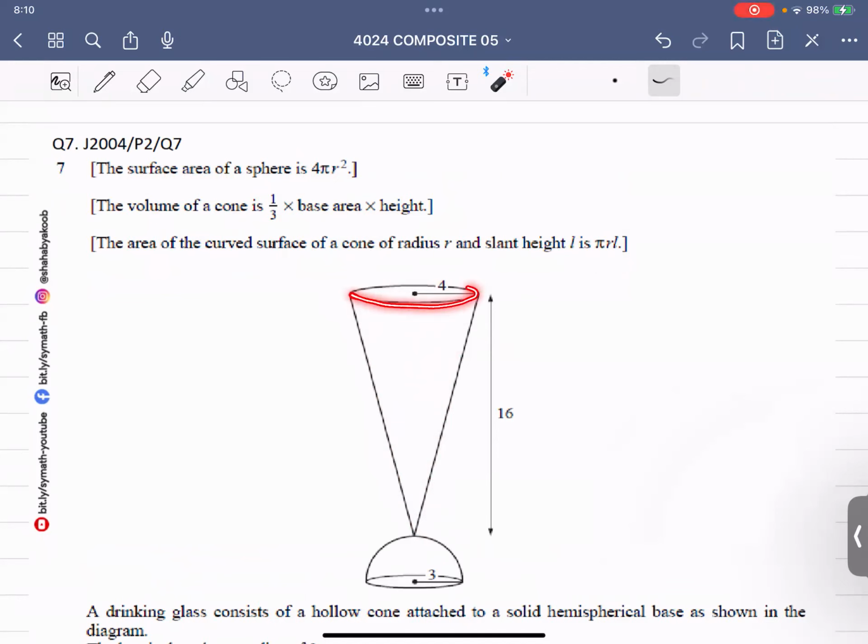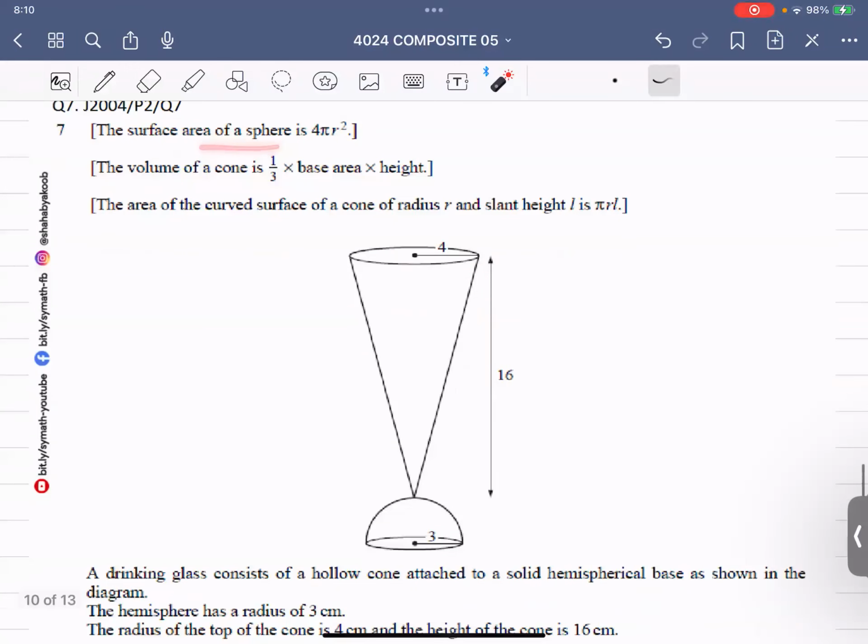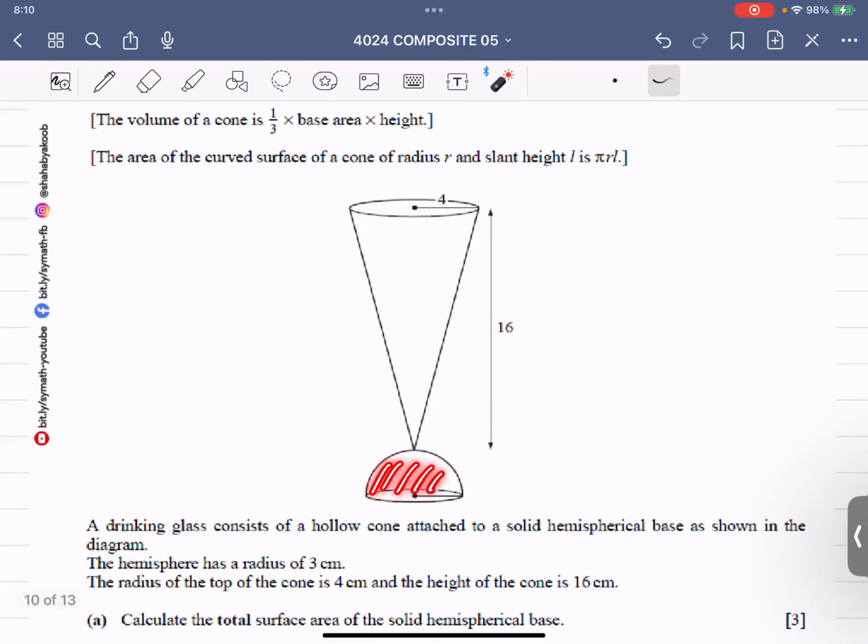If they were to ask about the base area, the top of the cone, if it exists, that's a simple square. What about the surface area of a sphere? That's 4 pi r squared, but this is a hemisphere. And if it's solid, yes, it will have a circular base area. These are the dimensions. This radius is 4, height is 16, radius is 3.